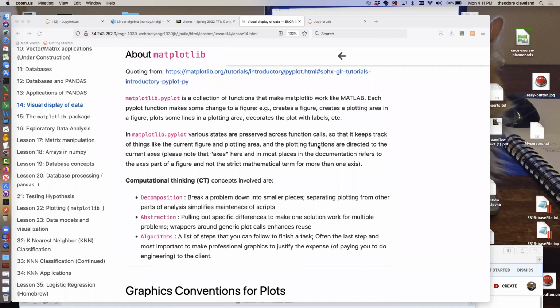Our main tool is our friend Matplotlib, and it's a collection of plotting functions that kind of work like MATLAB, and I suspect it's funded by MATLAB, so it wouldn't be stolen from them. And the general way we're making graphics in our Python scripts is we're actually building up features of a figure, and when it's done, we go ahead and we show it.